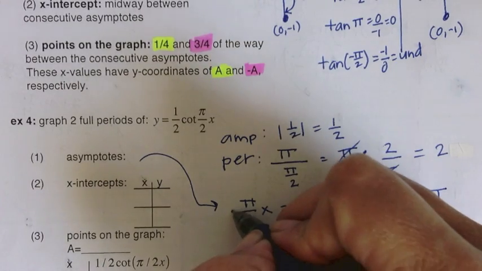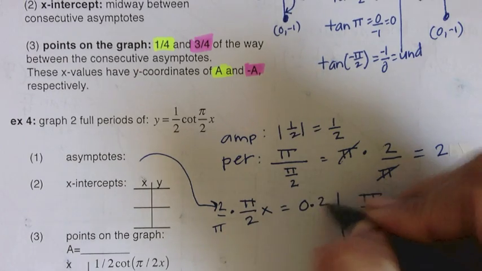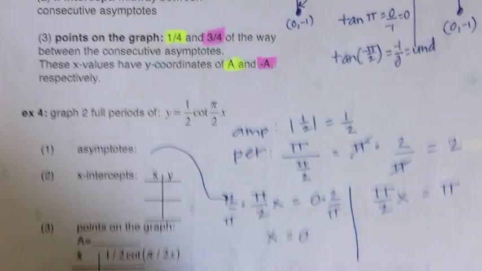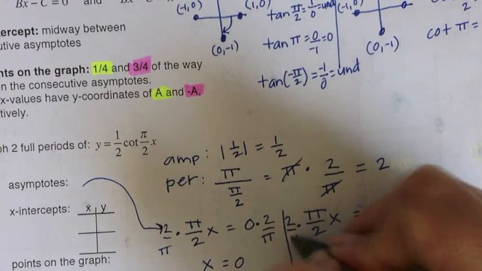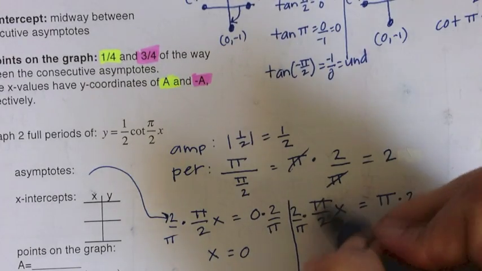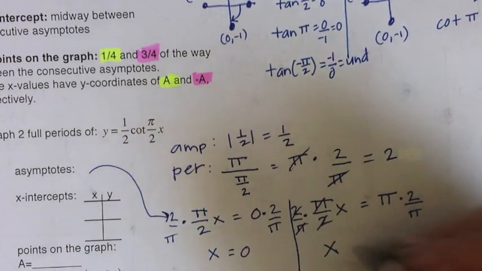And then I'm going to multiply this by its reciprocal to undo it. And anything times 0 is 0. So my smallest asymptote is at 0. It's nice because you don't have to deal with negatives very often unless, with cotangent. So this one I get 2.